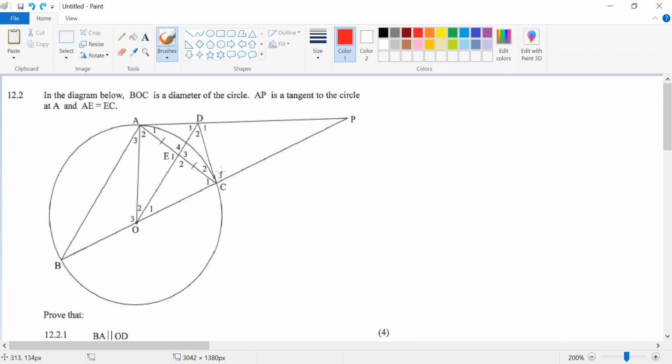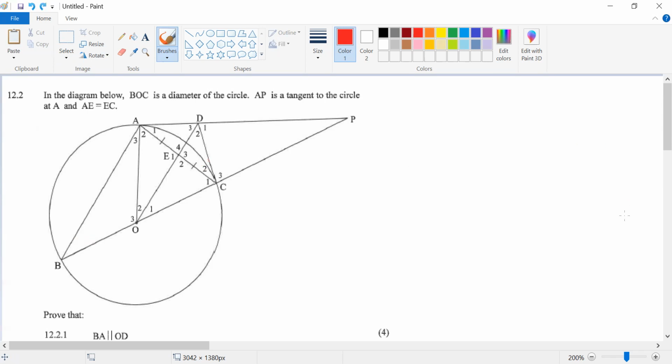All right, so we need to prove that that is a tangent to this particular circle. So in order to do that, we need to be able to prove something or the other, right? We need to be able to either prove that this angle is equal to this, because that would mean that tan chord actually does exist. And if tan chord exists, then it is a tangent, because that whole theorem wouldn't be applicable here if DC was not a tangent.